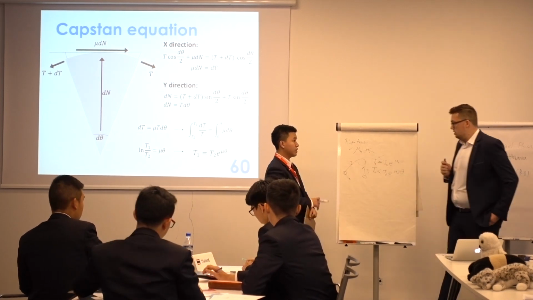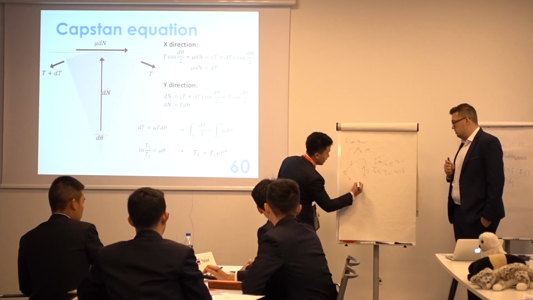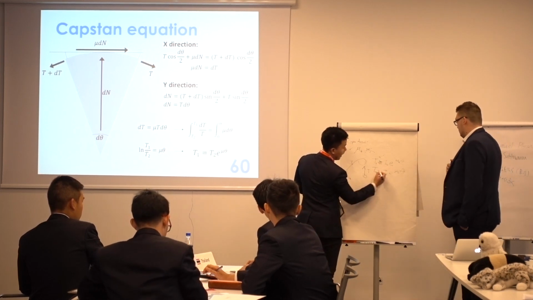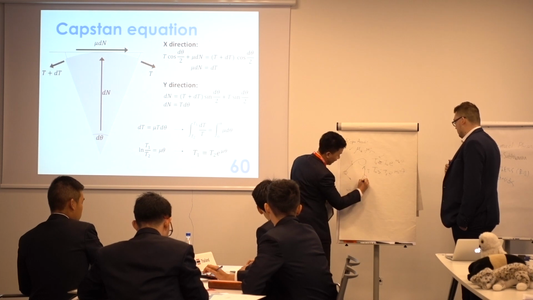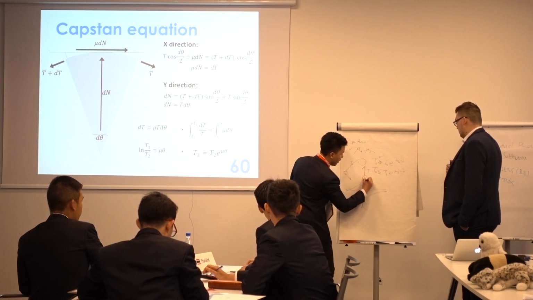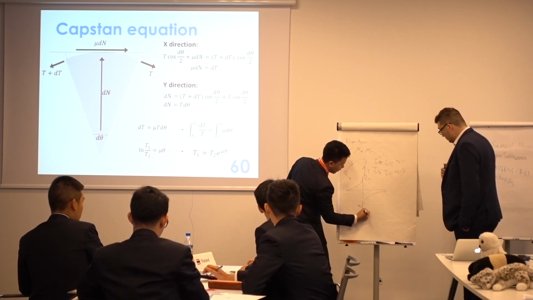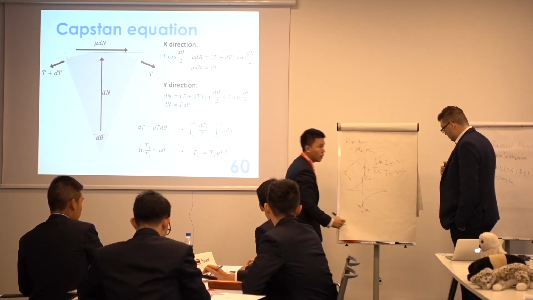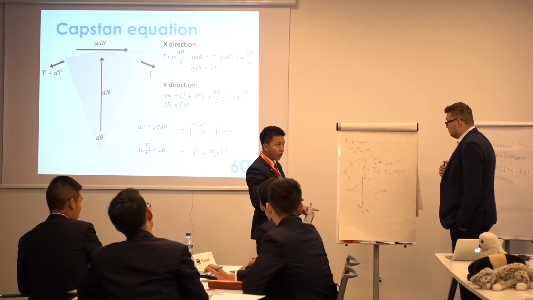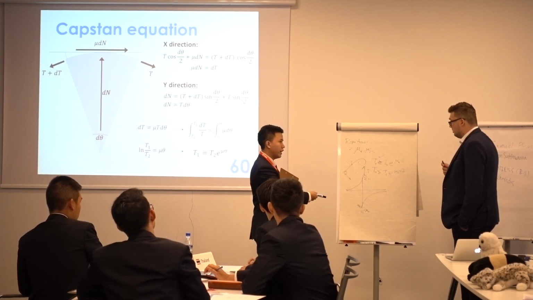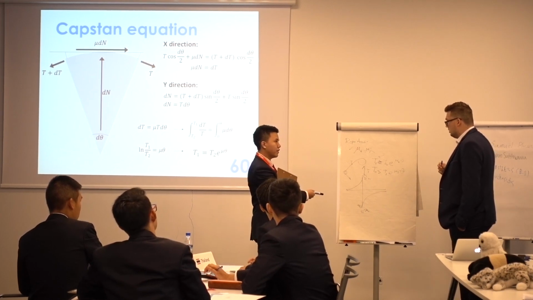Okay, so how do you switch the Kaplan equation? Because in this case, let's say T1 equals this and T2 equals this, it would be some kind of discrete curve where this one is e to the power of mu, and then you switch to e to the power of mu x. Do you think that any mechanical system has some kind of very discrete movement? I do not follow.